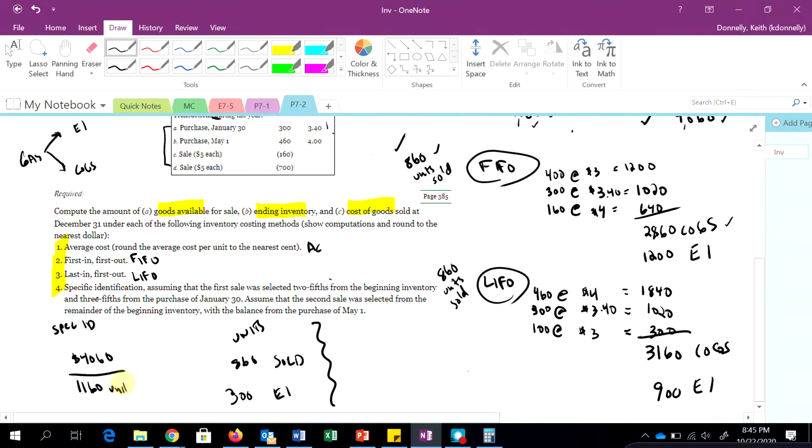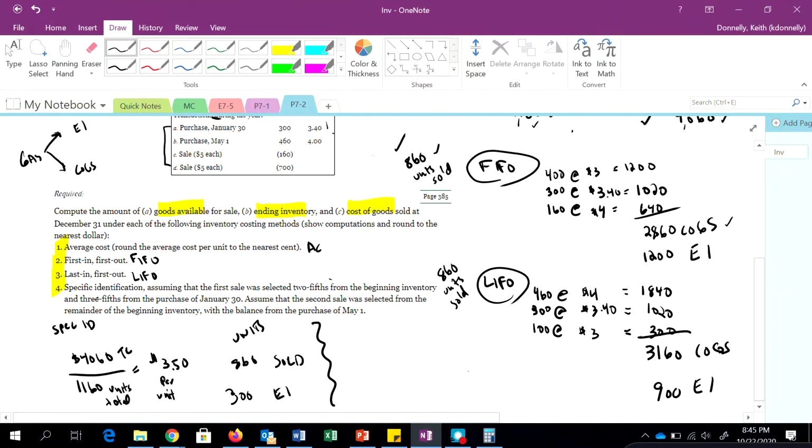So this is total costs over total units. What that says is, on average, our average cost per unit was $3.50 per unit.